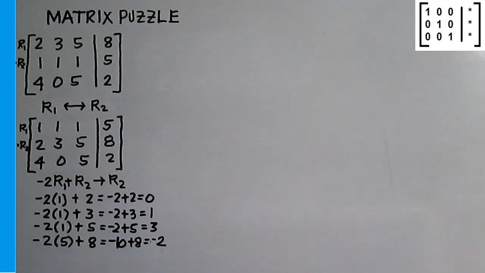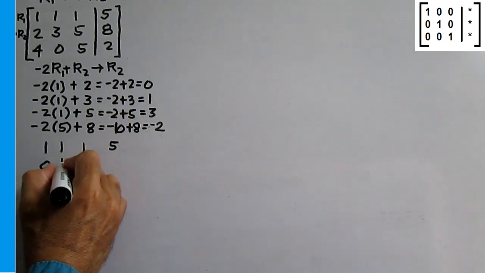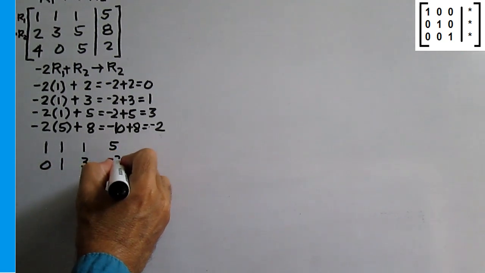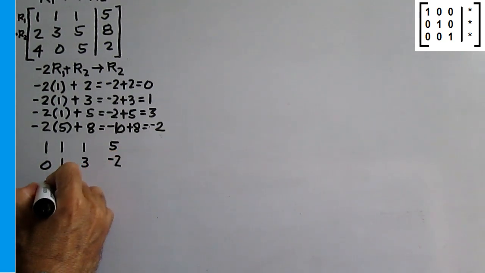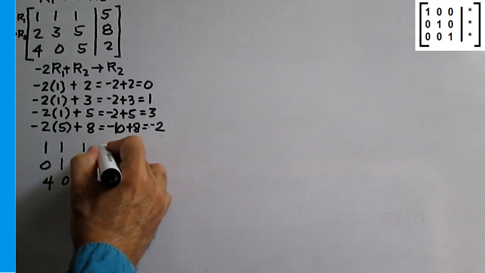Let's replace row 2. Our new matrix is 1 1 1 5, 0 1 3 negative 2. Copy 4 0 5 2.